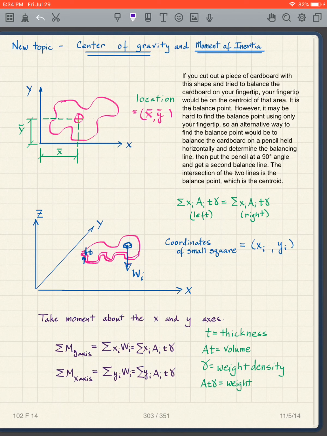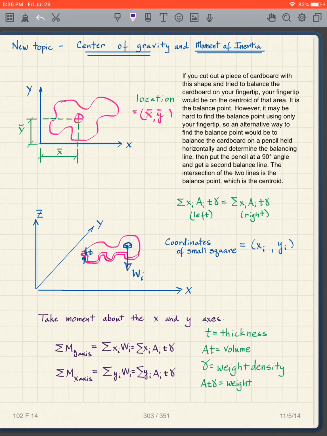And then A times T times the weight density gives me the weight. So I can replace the wi with Ai times T times gamma. And I'll just note that T and gamma are constant in this situation. So what we're taking is the sum of the xi Ai and the sum of the yi Ai to get the moments about the y-axis or the x-axis.